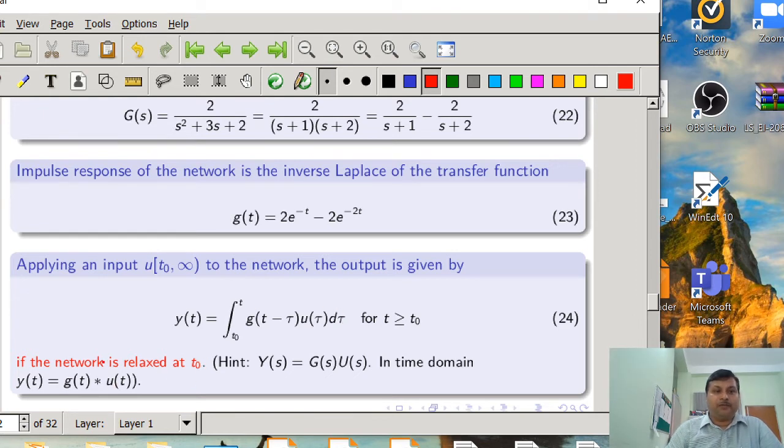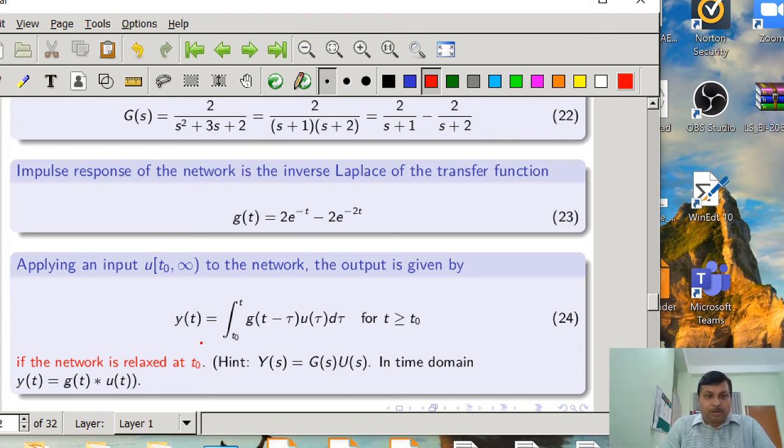What is the meaning of the network being relaxed at t = t0? It means that we are assuming all initial conditions are 0. We are not interested in how past inputs, which are not known to us, have affected the system, and we are not considering that while assuming the network is relaxed at t0.